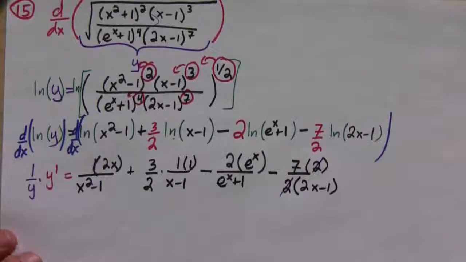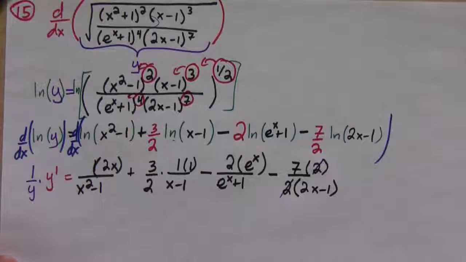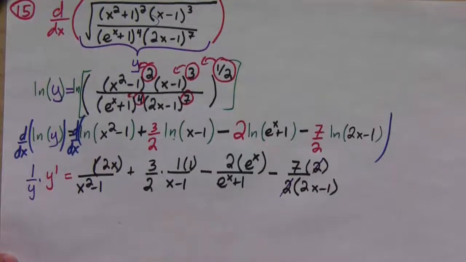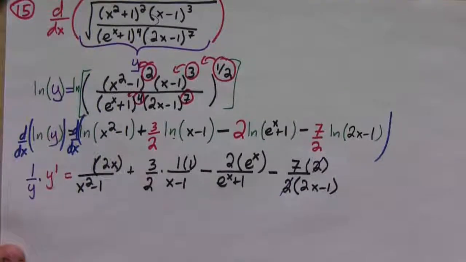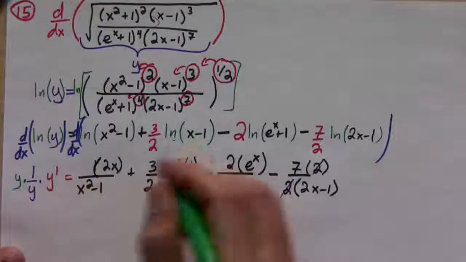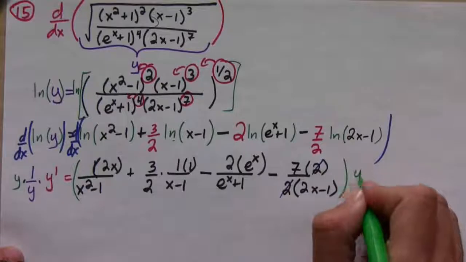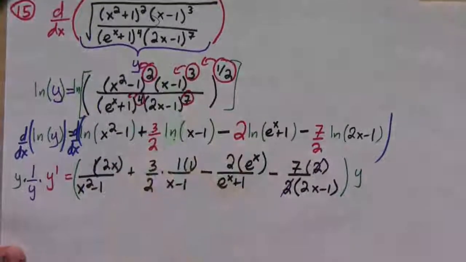And so these guys cancel. And then at the end, to get rid of this y, all I've got to do now is multiply both sides, how about green, by y, which is this initial monstrosity.